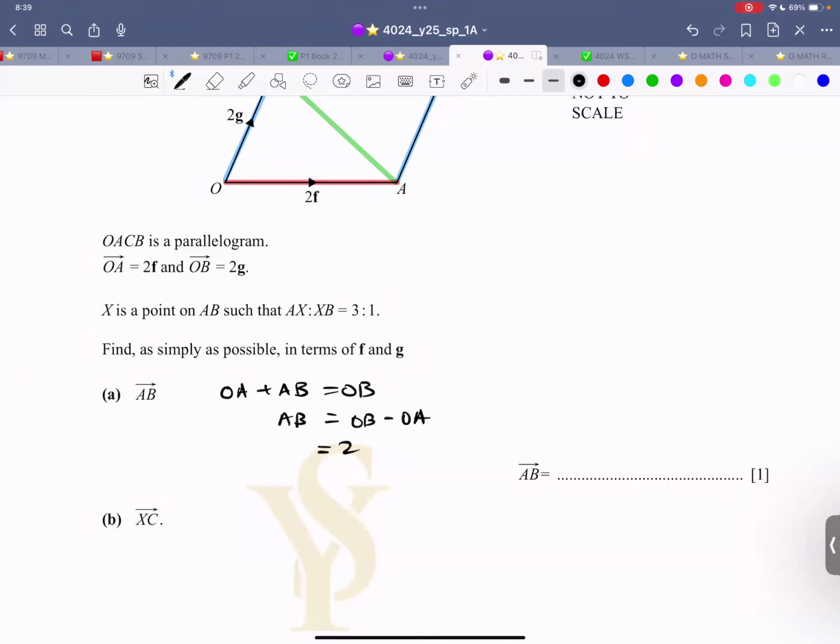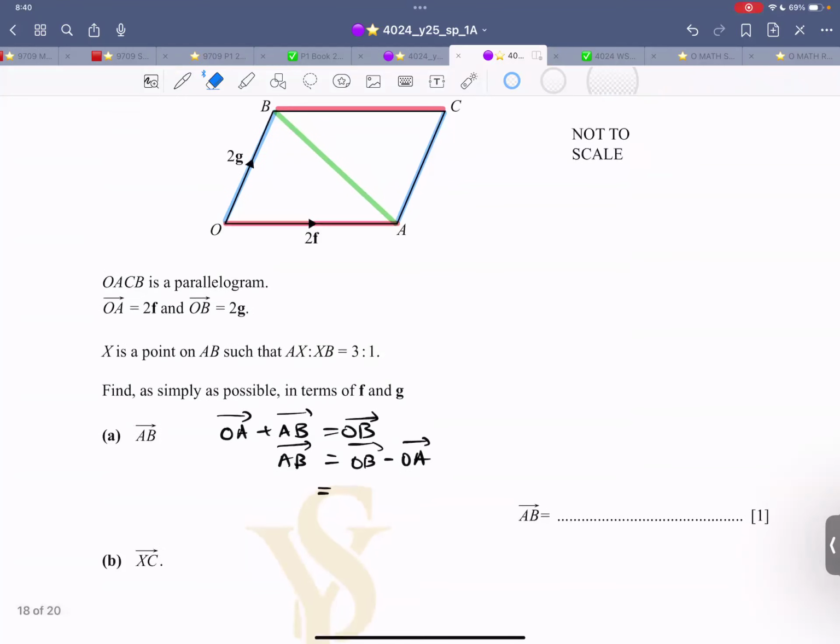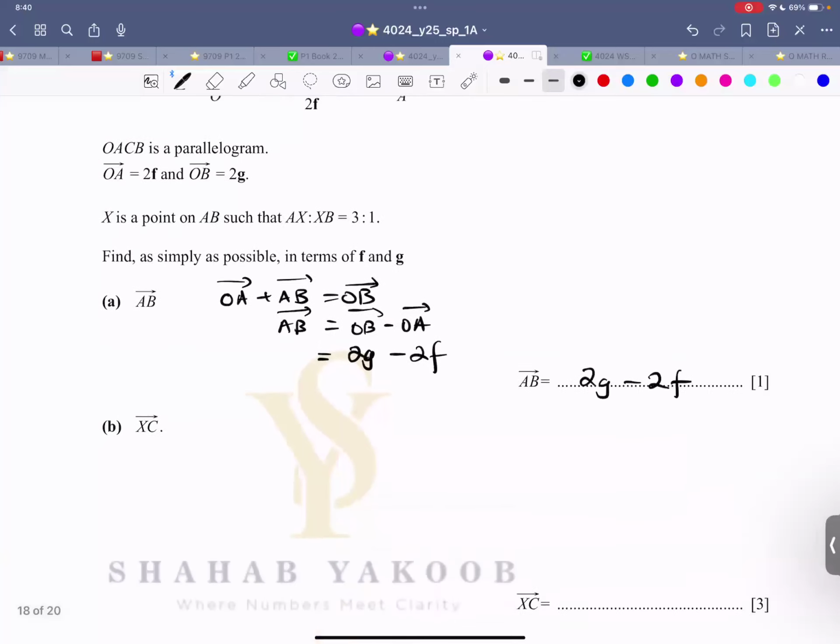OB is 2g, OA is 2f. So this is 2g minus 2f. I've seen it for the first time that instead of a and b, they have used f and g.